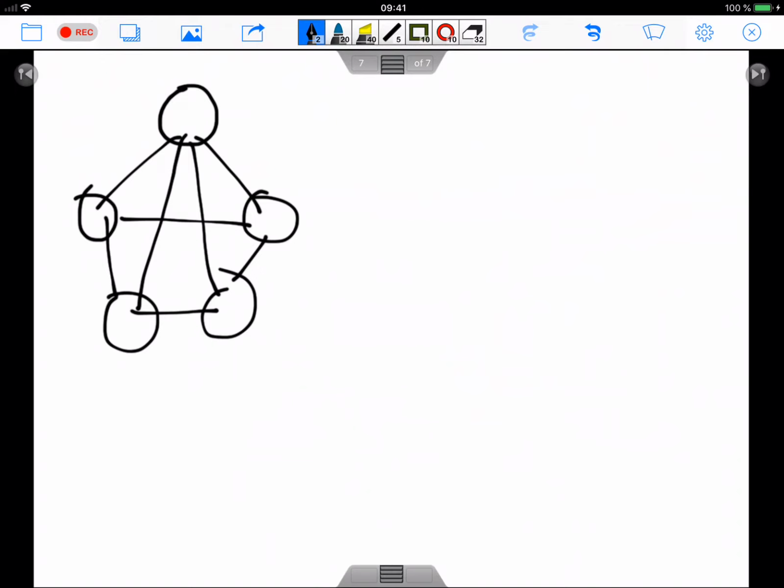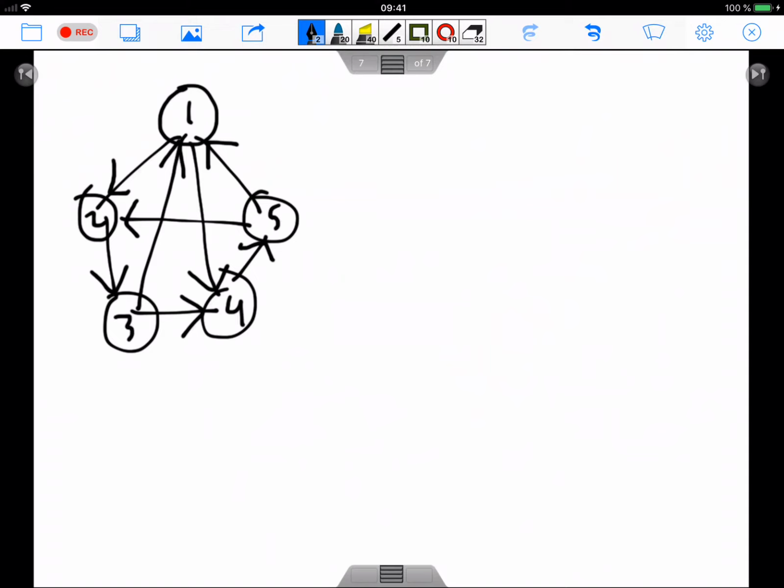So let's say that this arrow goes in this direction, this arrow goes in this direction, this one in this direction, this other one in this direction, this other one in this direction, this one like this, one like that, and this one like that. Okay, so this is a tournament, and we have these 5 vertices.